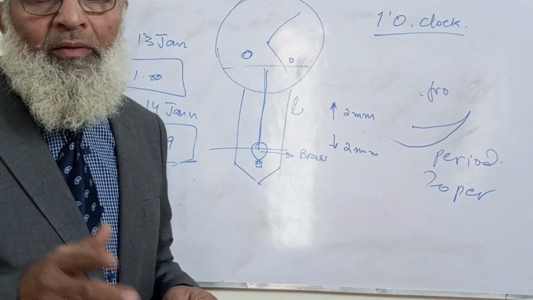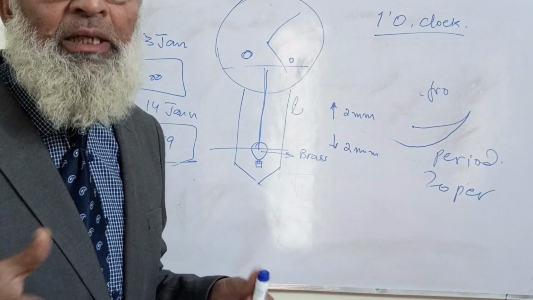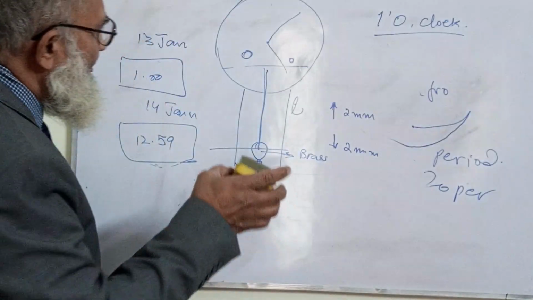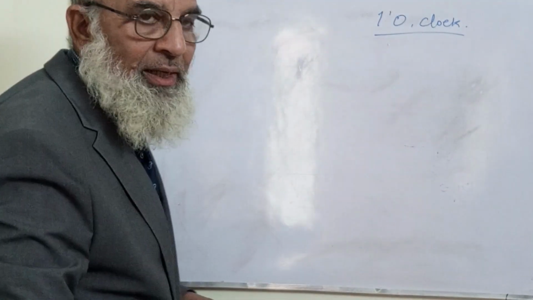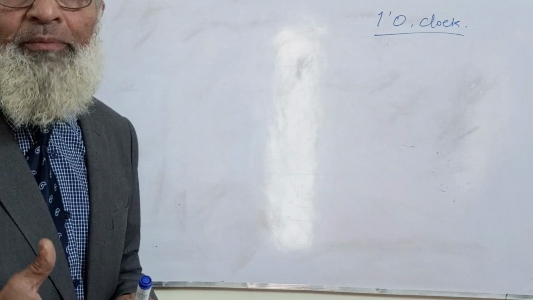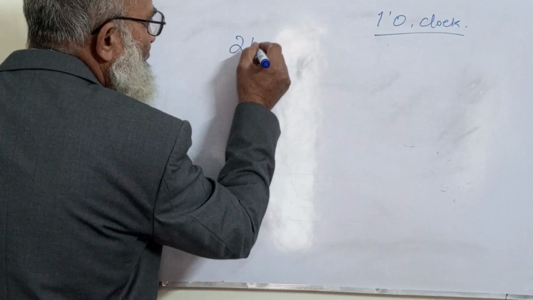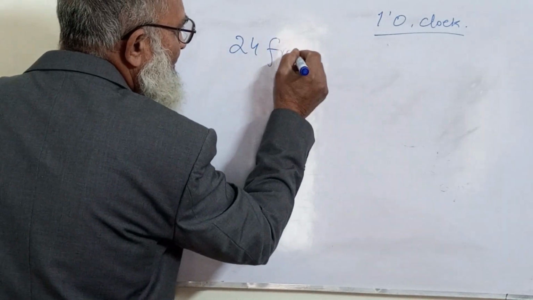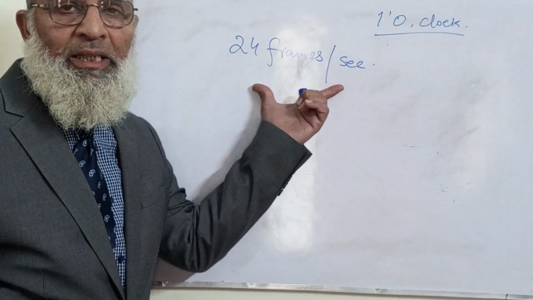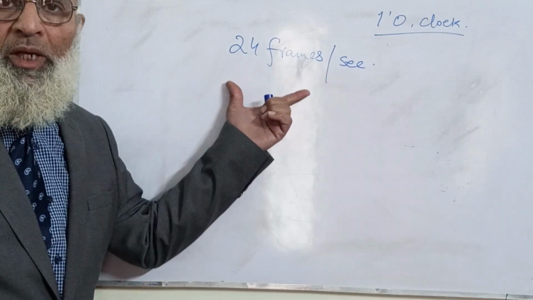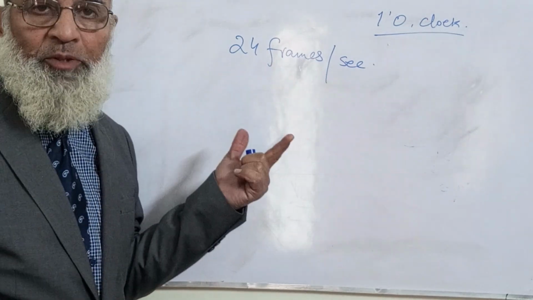That may be very advanced technology, but to understand this, if I record any event, maybe a run out, usually 24 frames per second is the normal speed which we watch on TV, on the video.